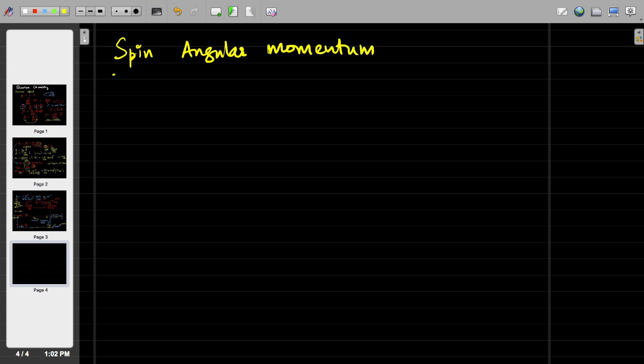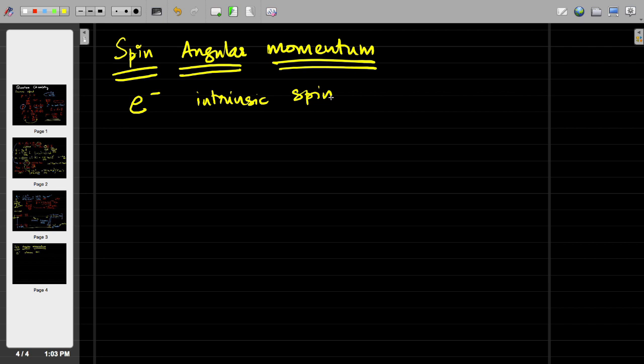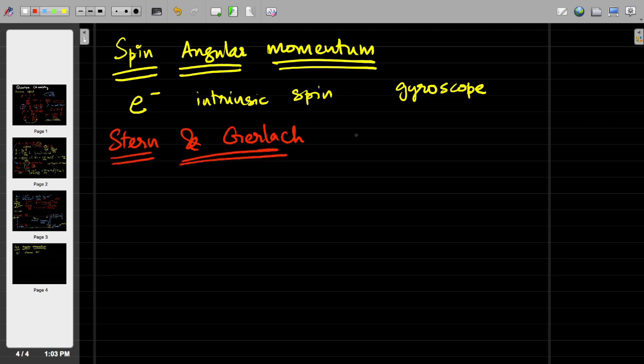Okay, and this comes up because of the fact that electrons by themselves have an intrinsic spin that is associated with them. The electron is basically a gyroscope by itself. When Stern and Gerlach did their experiment in order to find properties of the electrons, they actually took silver atoms and they subjected the silver atoms across a magnetic field.